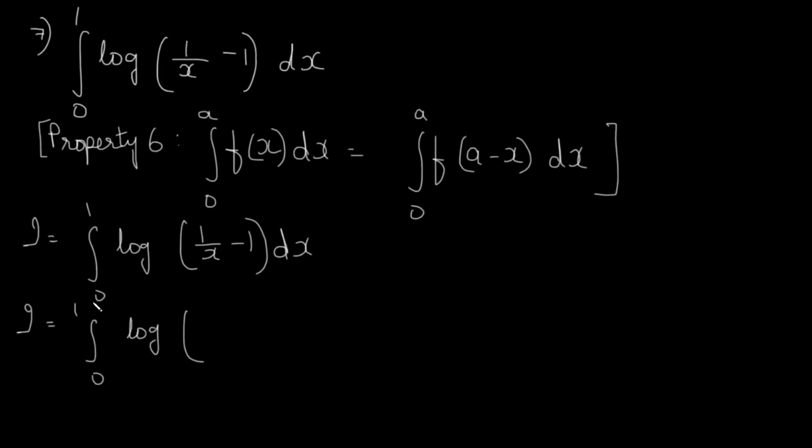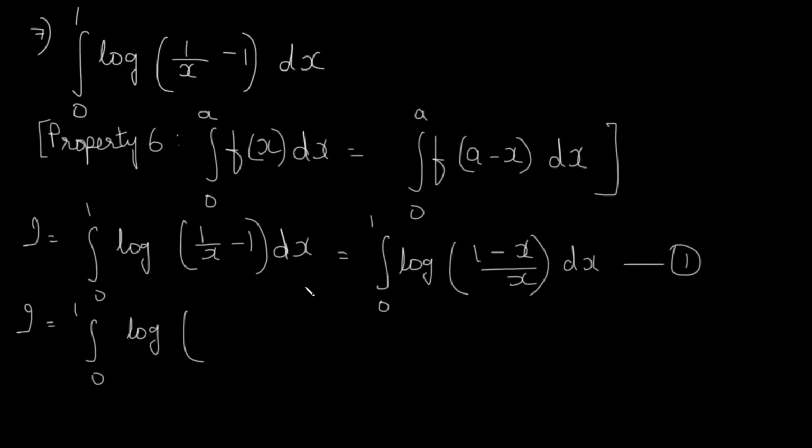Okay, here one more step which can be done before we use property 6 is that we can modify this and write it as 0 to 1 log of, now we can equalize the denominator and write it as 1 minus x upon x. Okay, and this becomes our first statement.